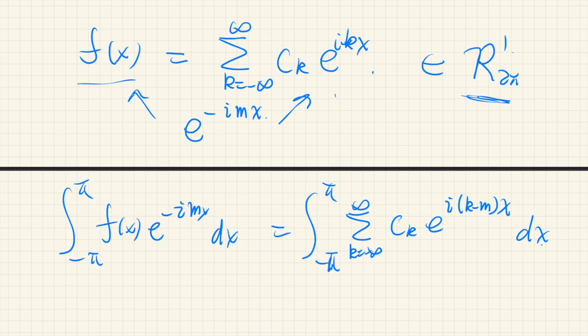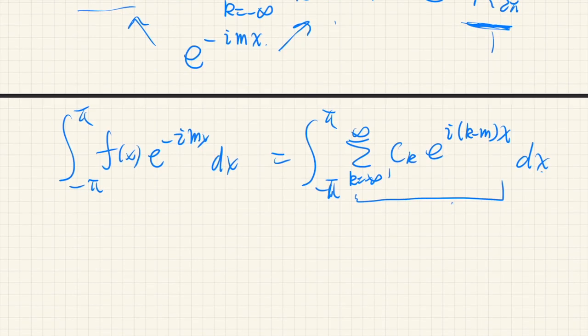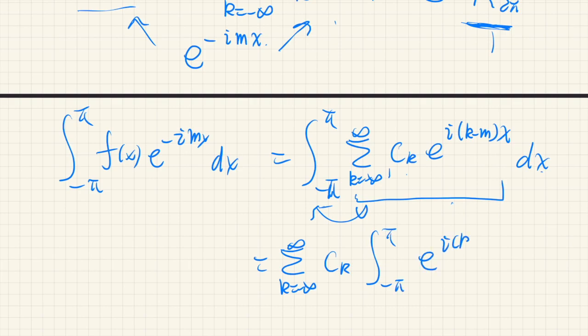Now on the right hand side, since we're assuming that this is absolutely integrable, we can apply Fubini's theorem and swap the order of integral and the sum. So we can put this coefficient out, and exponential of i (k minus m) x dx.